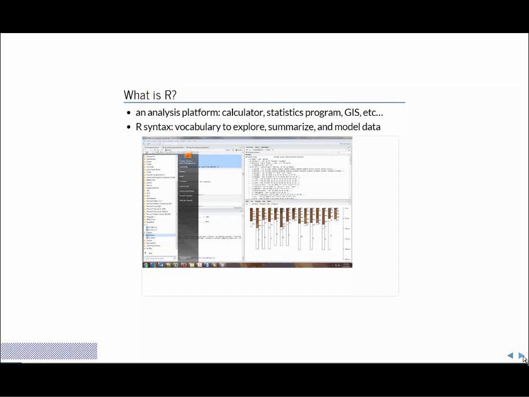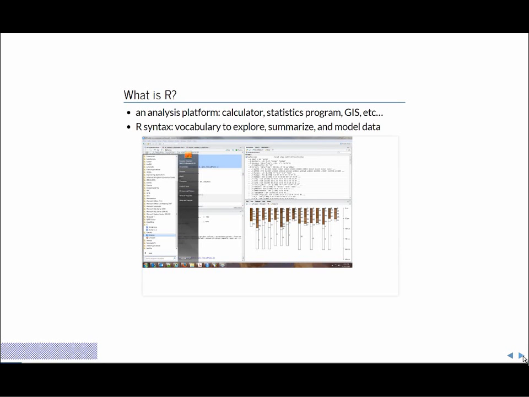So, what is R? For starters, it's generally thought of as a statistical program where you can do your typical means and standard deviations and your linear models and all that. The closest analogy in the commercial market would be something like S+ or SAS.